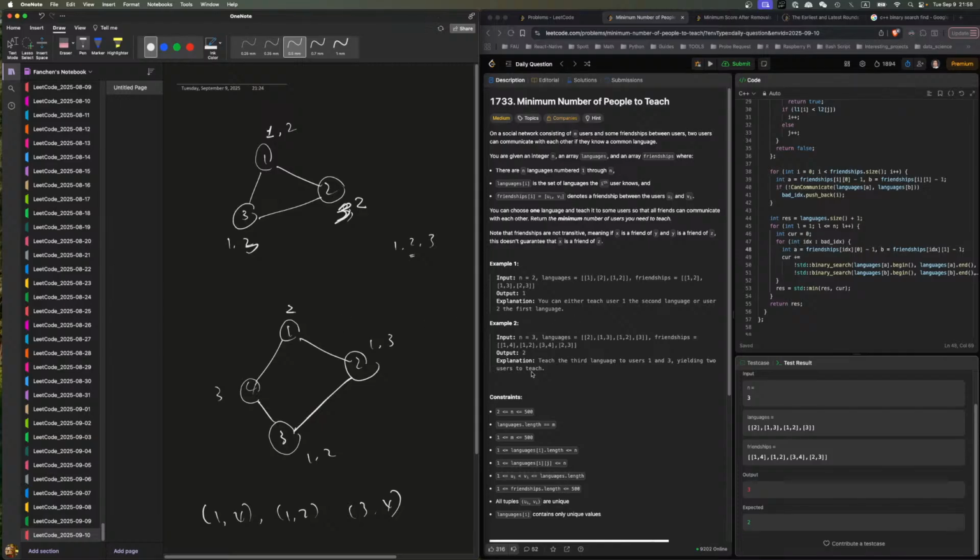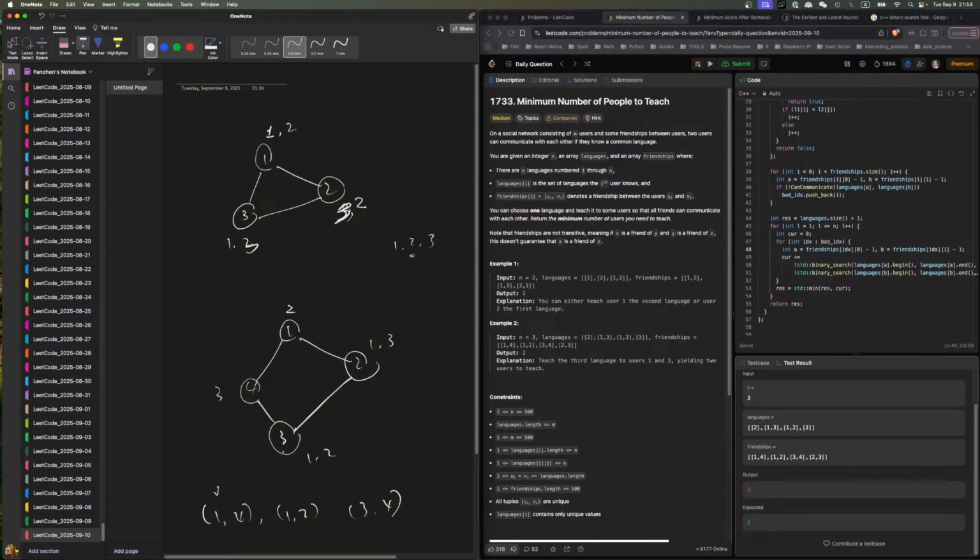If I choose the third language, I choose 3. So 4, 0, 1, 4 has 3, so I'll teach there. Oh, I'm double counting. I am double counting. Which means if it has been considered already, you should not consider it again.